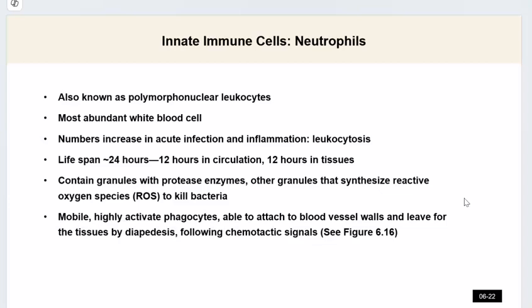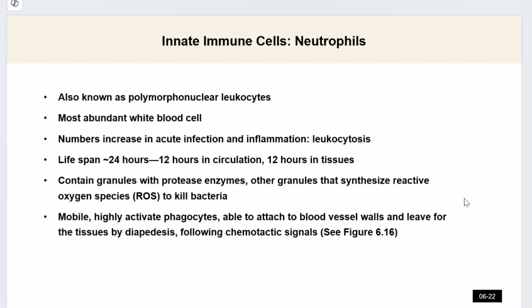The neutrophil is the most abundant white blood cell. So when you say white blood cell count, what we're talking about is neutrophils, lymphocytes, monocytes, eosinophils, etc. So the total white blood cell count is a combination of all the different types of white blood cells. Of the white blood cells, the neutrophil is the most abundant.